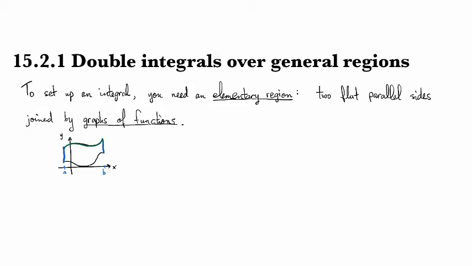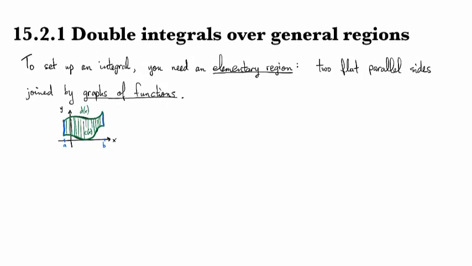So this is maybe some function d of x, and maybe this is some function down here that we call c of x. And then I can think of this region as being a whole bunch of slices going in this direction parallel to the y-axis.